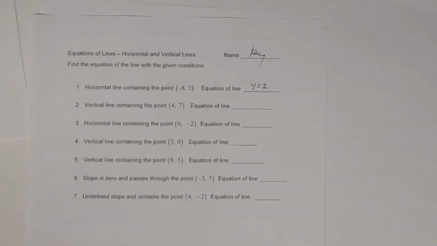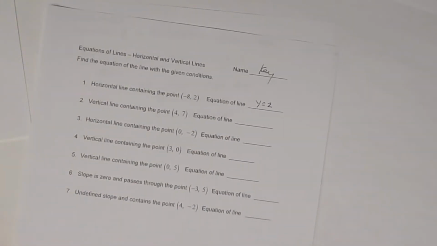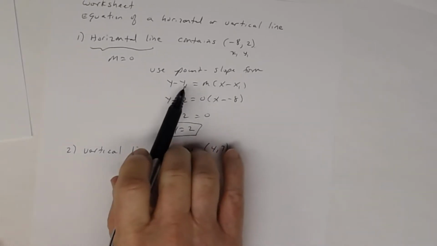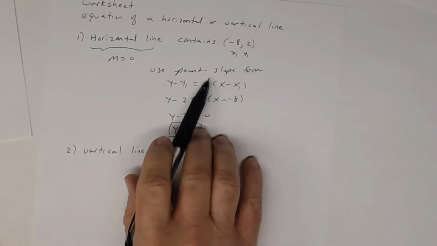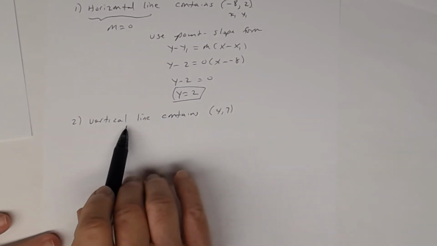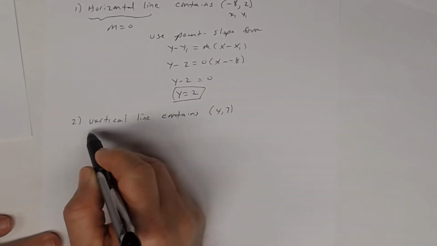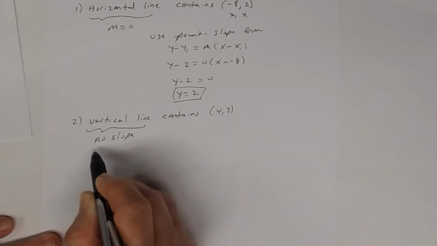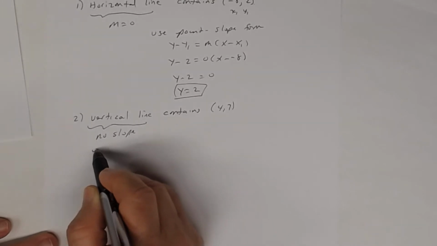Let's look at number 2. We have a vertical line that contains the point (4, 7). Now, remember, whenever using point-slope form, you have to know the slope. Well, a vertical line has no slope, so we can think of this as an undefined slope.